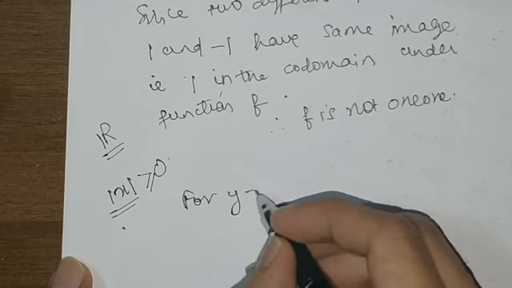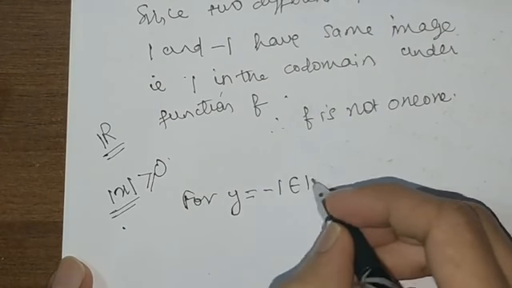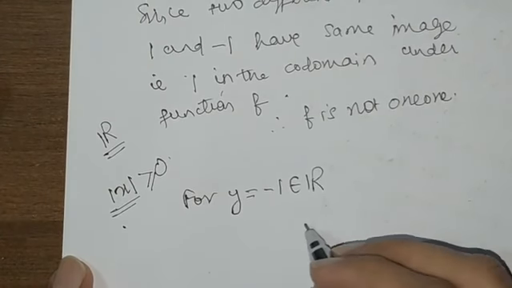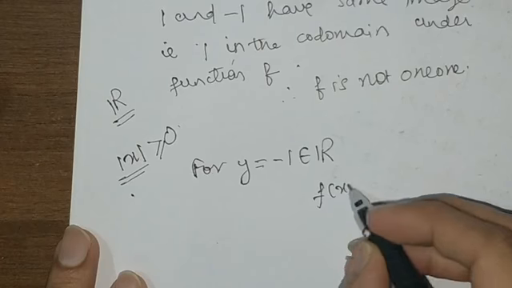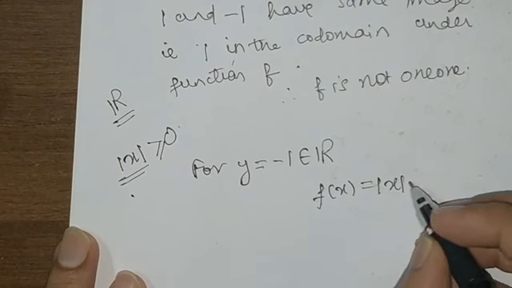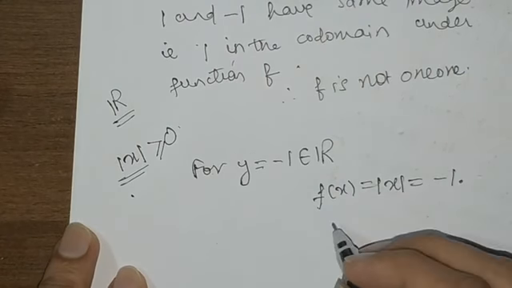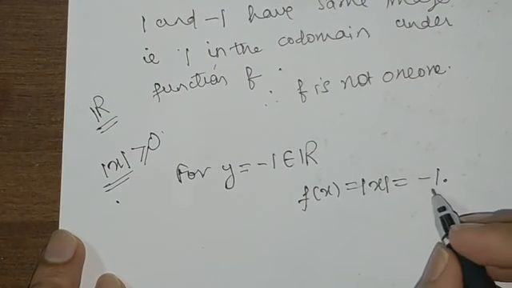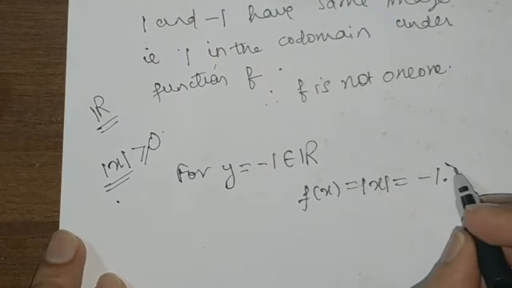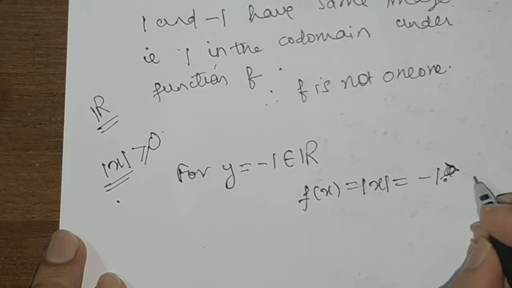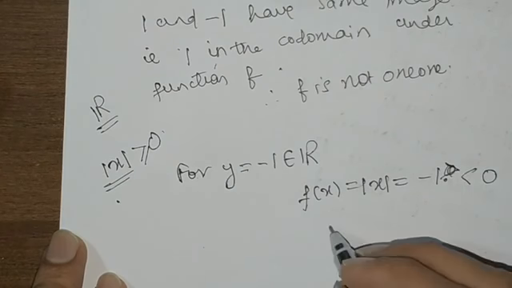So for y equal to minus 1 belonging to R, if you try to find x, f(x) is equal to modulus of x, which is equal to minus 1. Here we are taking y as minus 1, and minus 1 is less than 0.